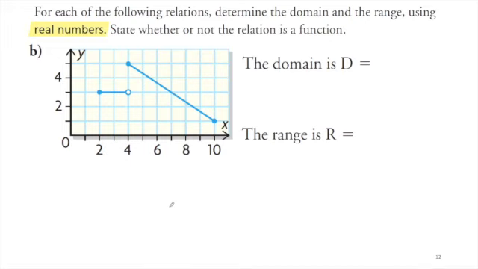For B, again, state if it's a function, and we're going to state our domain and range. If you remember from grade 11, possibly not, this open dot means that it cannot equal at that spot. More specifically, this line of y equals 3 is not going to actually touch at x equals 4. It's going to get very, very close to it, but not actually touch at 4.